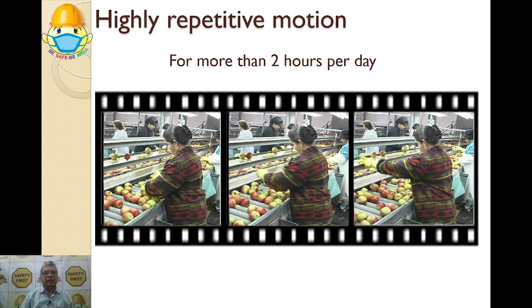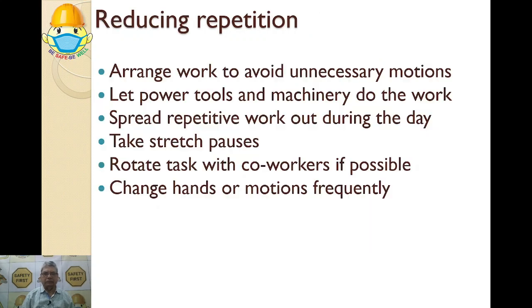So continuously the motion is repeated. So if you work on any assembly line, you are going to do the repetitive motion throughout. You are doing the same work again and again, and it culminates into repetitive motion. So how to reduce the repetition?